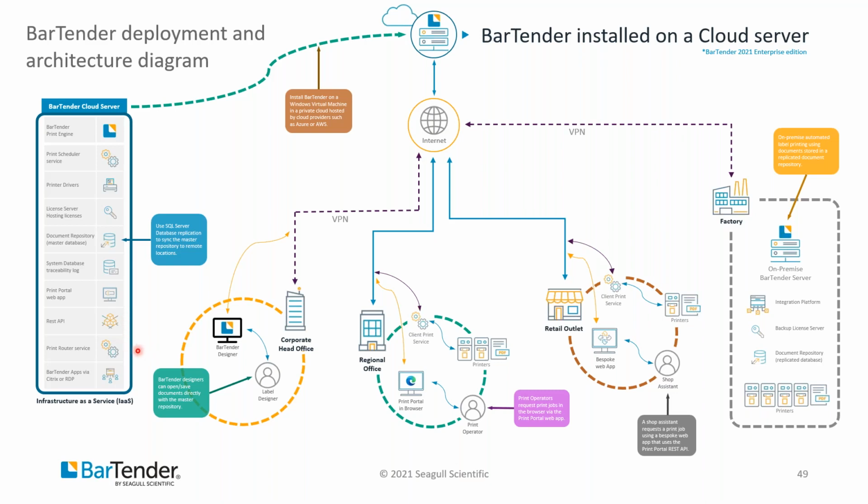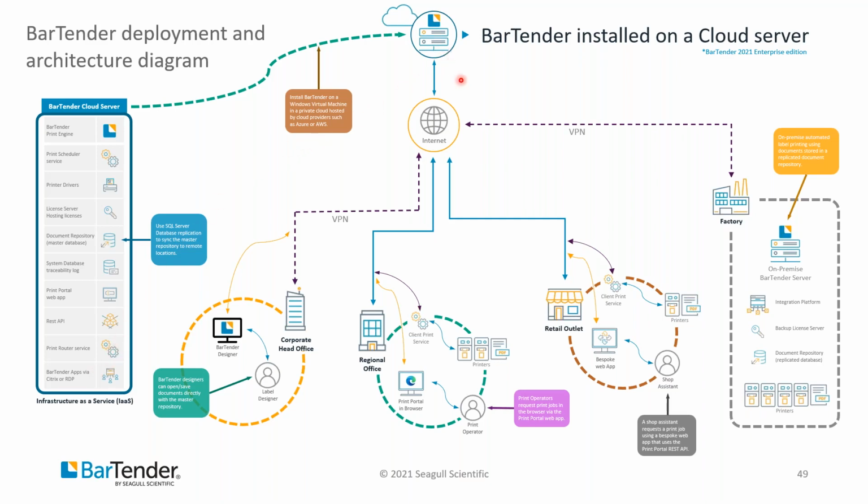It's hosting the print router service, which is involved in transporting that print job down from the server to the clients for internet printing. And of course, it can host RDP and Citrix sessions for users who want to access the BarTender software directly on the cloud located instance of BarTender.